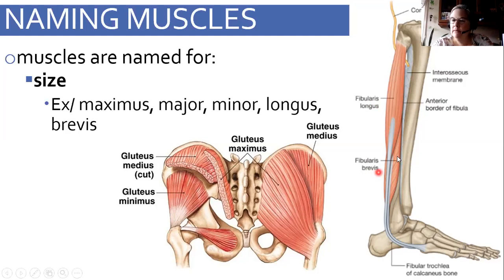It's a short muscle that's attached to the fibula. So again, we can name muscles for size. So we've seen examples of maximus, medius, minimus, longus, brevis. There's other ones. There's one called vastus, which is vast, right? So very big. So we have different ones that are named for size. So these are just some examples of that.